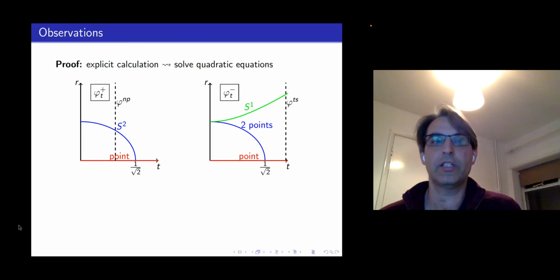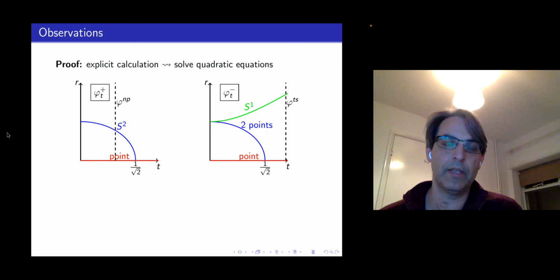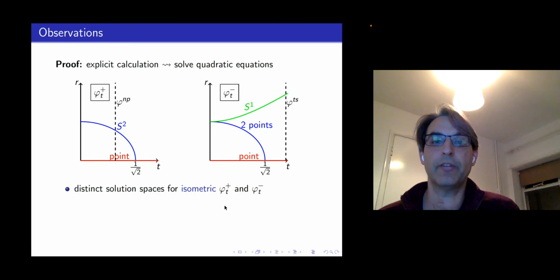So let's just recall the pictures that we drew for our families of DG2 instantons that we've constructed. And what we observe is that if I look at the plus solutions and the minus solutions, it looks very different. But remember that they define the same metric. They are isometric G2 structures. And so we see that the solution space is actually always different for isometric G2 structures.